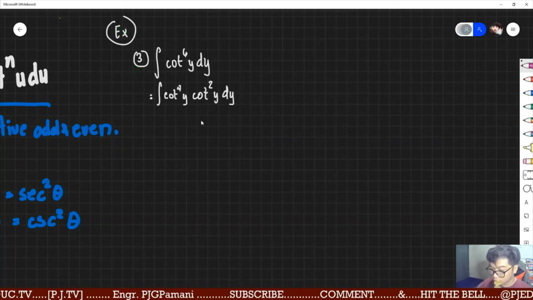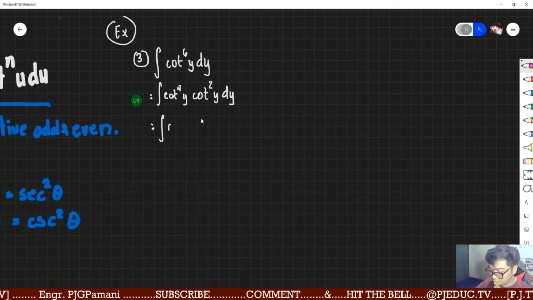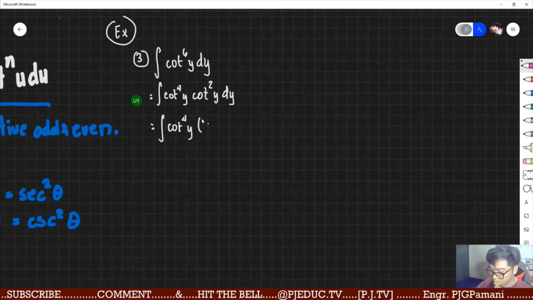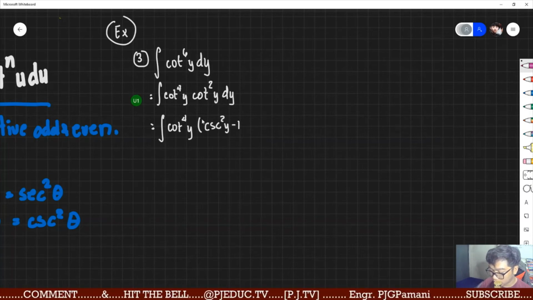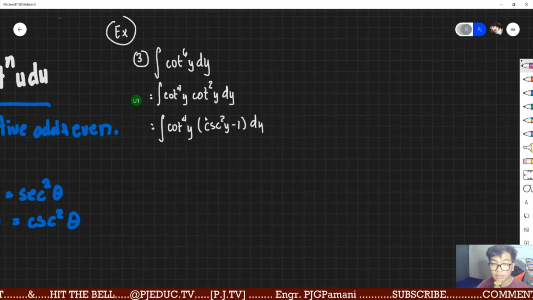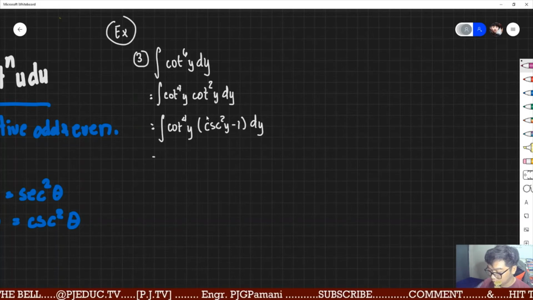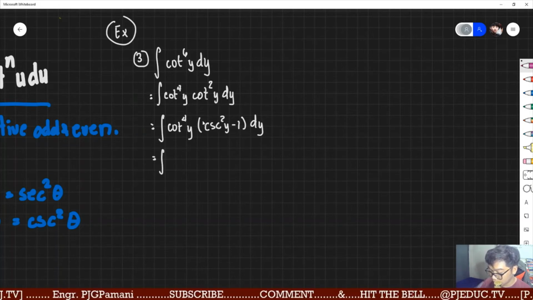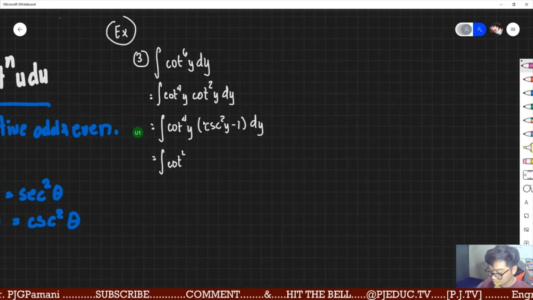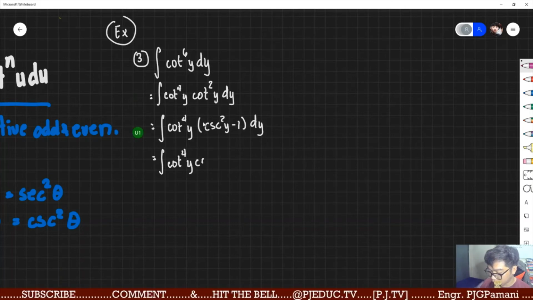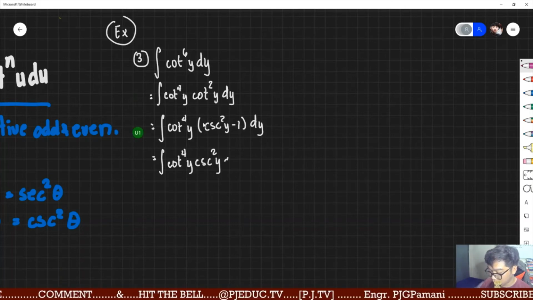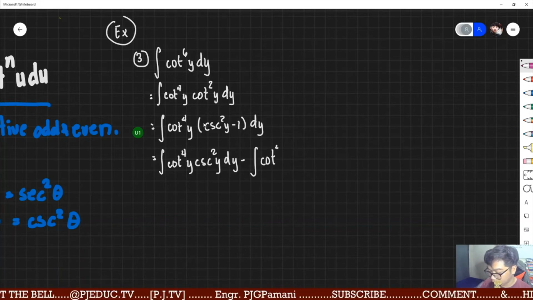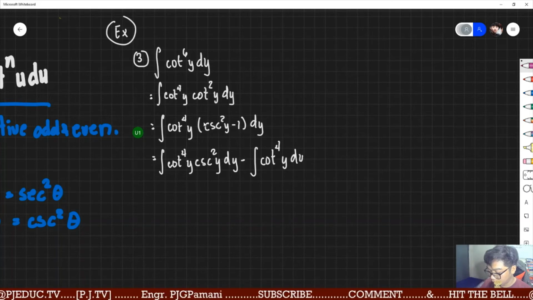Which is also equal to cotangent raised to the fourth y times cosecant squared y minus 1 dy. Distribute again. That is the integral of cotangent raised to the fourth y cosecant squared y dy minus the integral of cotangent raised to the fourth y dy.